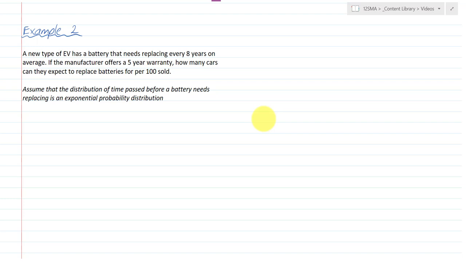A new type of EV has a battery that needs replacing every 8 years. So on average, this represents, therefore, the expected value is 8 years, and therefore we want to calculate an exponential probability distribution. I'll write it down.